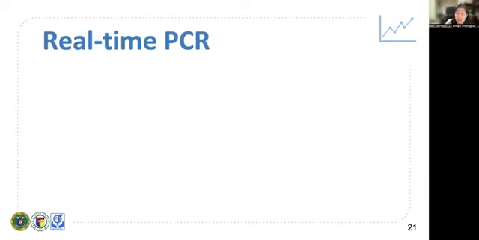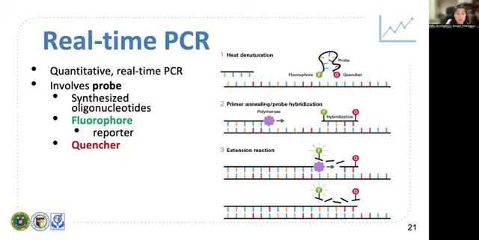Ano naman tong real-time PCR? It's also known as your quantitative real-time PCR. And it involves the use of probes. So essentially, what is a probe? Probe consists of your synthesized oligonucleotides, your fluorophore, or also known as your reporter molecule, and a quencher.